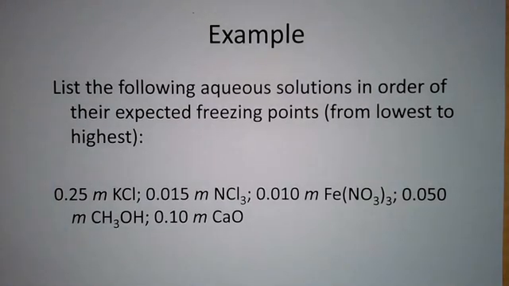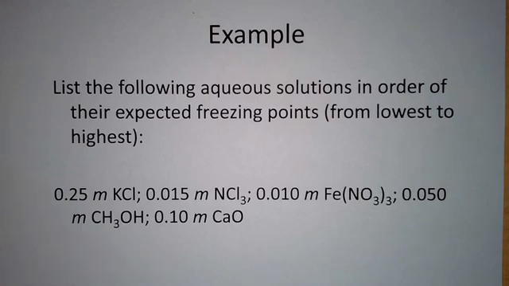The more concentrated the solution, the bigger the change you're going to see in freezing or boiling point. The second factor that's important is going to be that Van 't Hoff factor, or the I value. The larger the I value, the larger the effect you're going to see. So when we're ranking solutions, we need to pay attention to both quantities, the concentration and the I value.